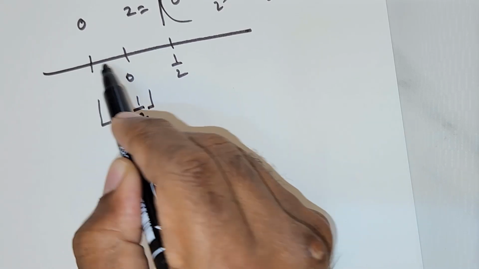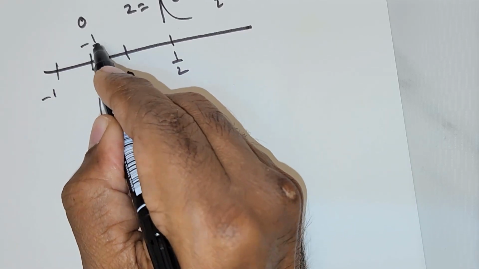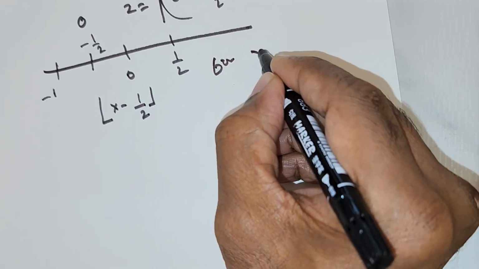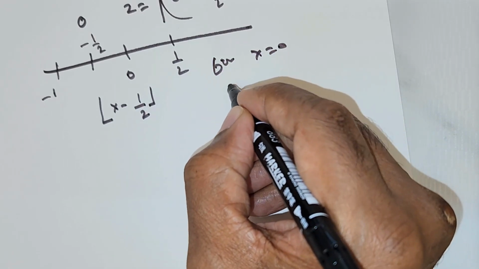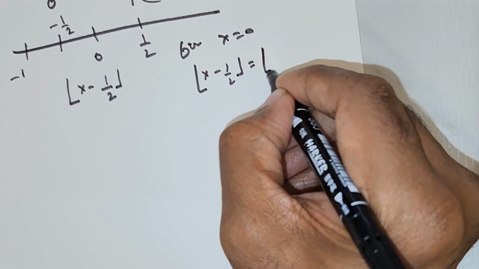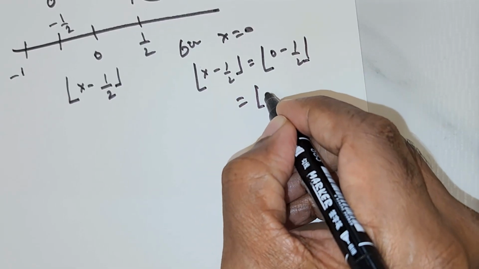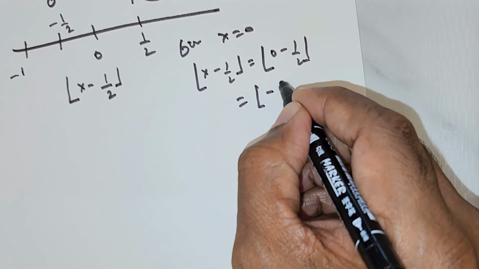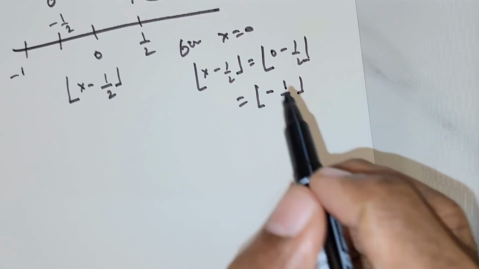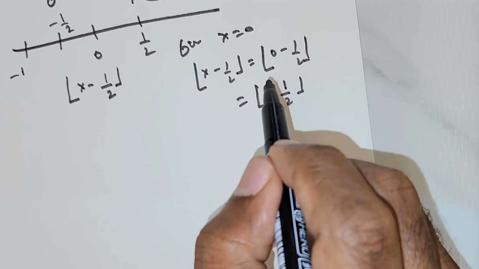So for x equal to 0, the floor of x minus 1 over 2 is the floor of negative 1 over 2.